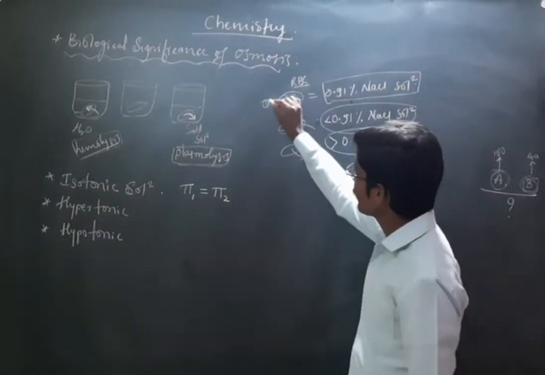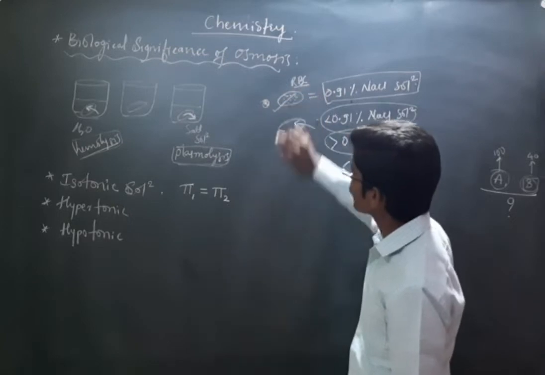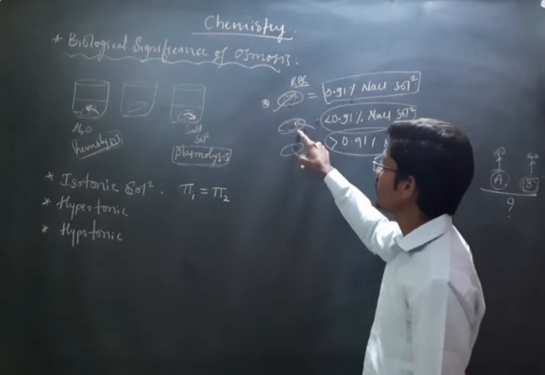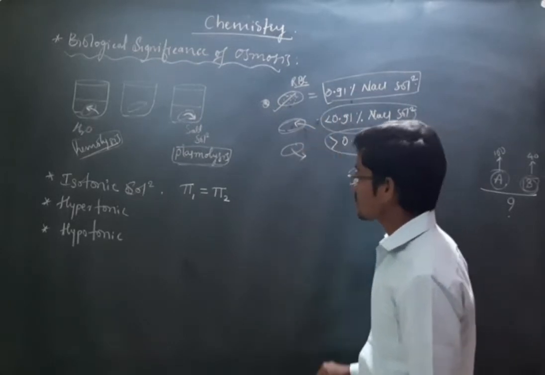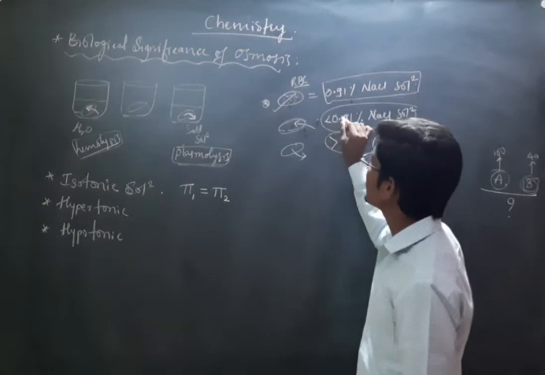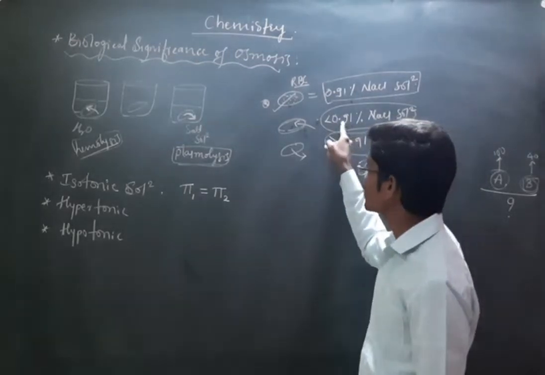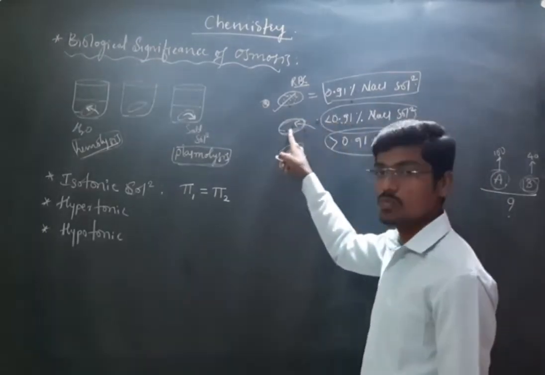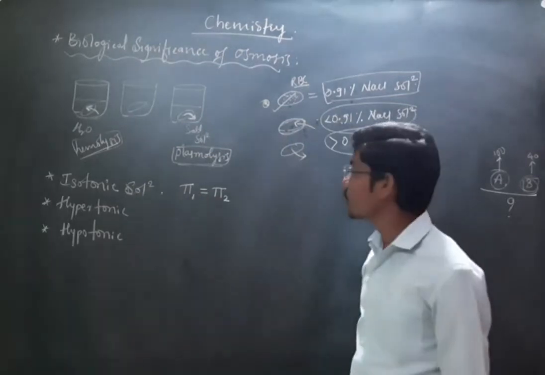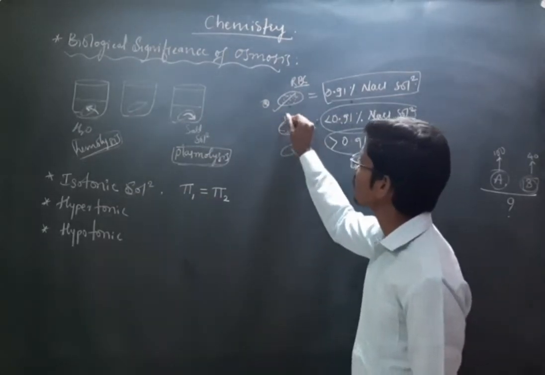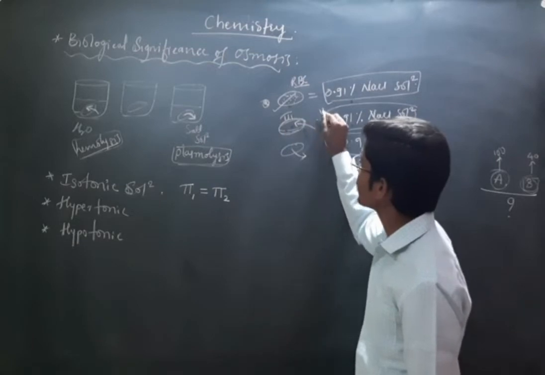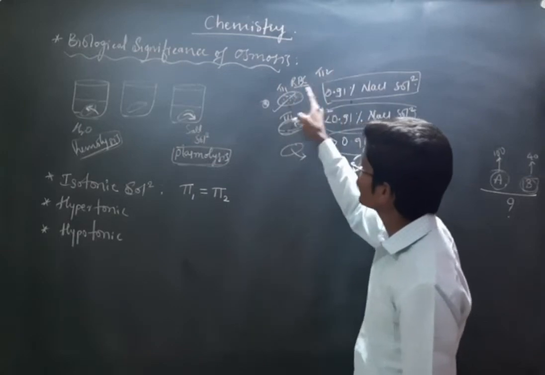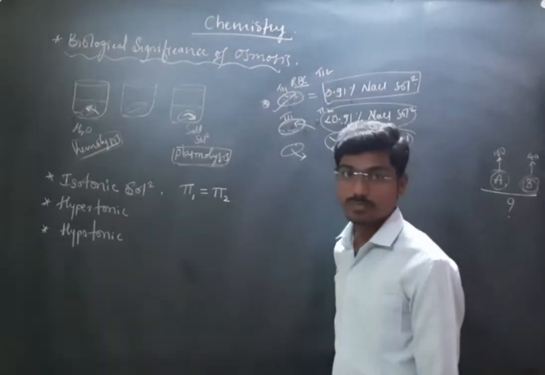So in the first case we can say RBC is isotonic with the solution, whereas in the second case the concentration is more than this. When concentration is more, definitely osmotic pressure will be more. Let us call this pi 1 and this pi 2. So in the first case pi 1 is equal to pi 2, therefore these two are isotonic with each other.